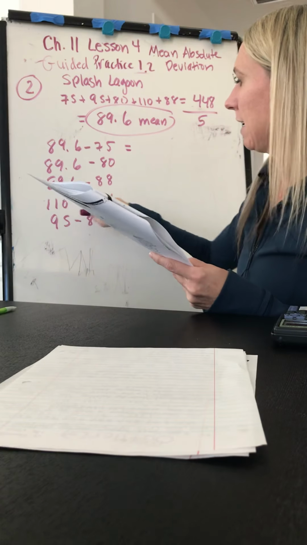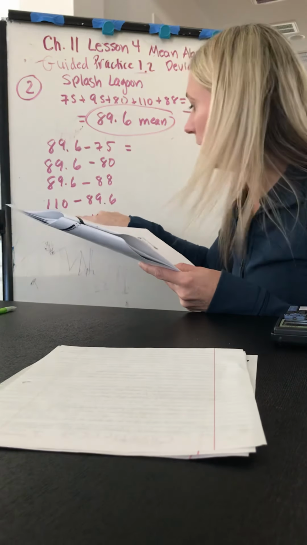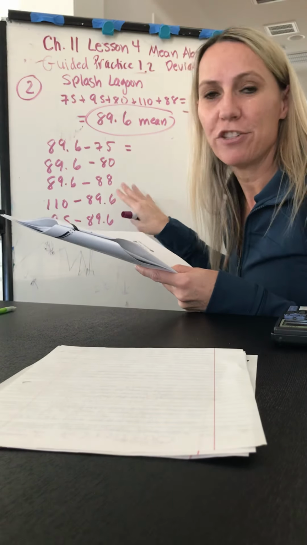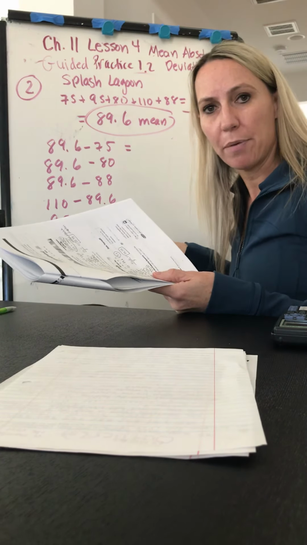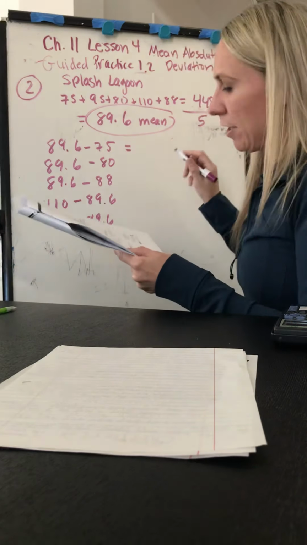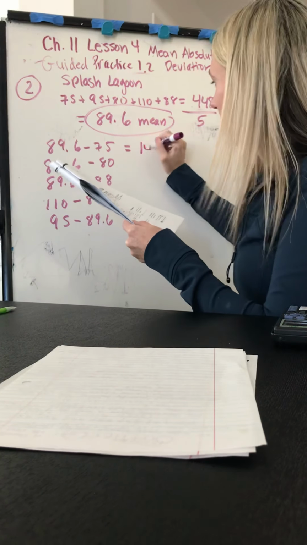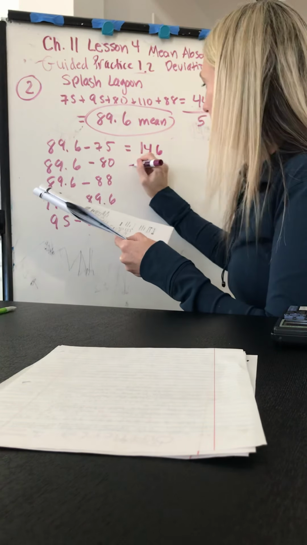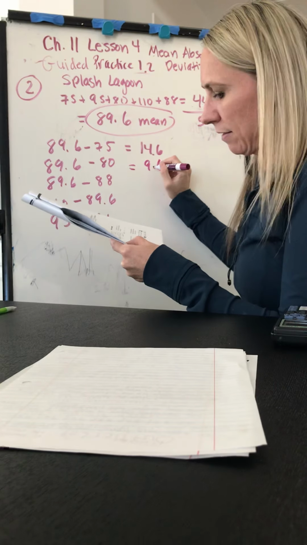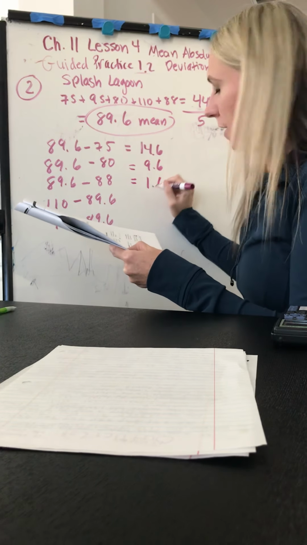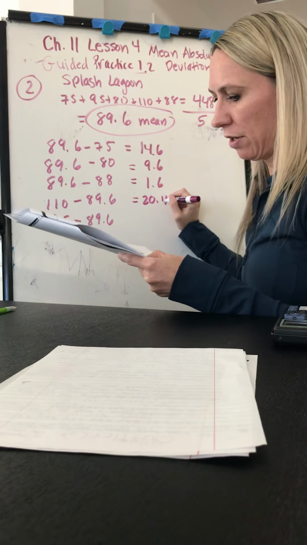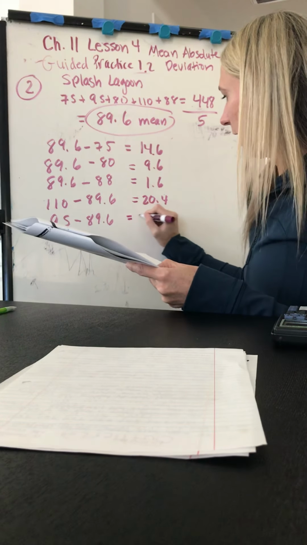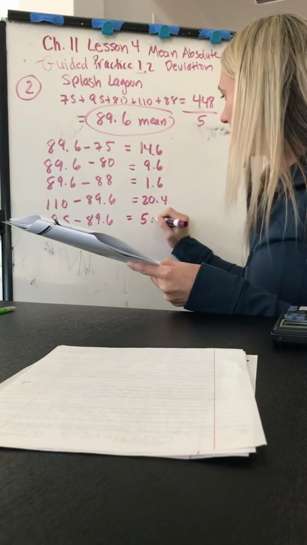And again, if you did 89.6 minus 110, you'll just get the negative number and then just take the absolute value of that. So all of these numbers that you're using should end up being positive. So we get 14.6, 9.6, 1.6, 20.4, and then we have 5.4.